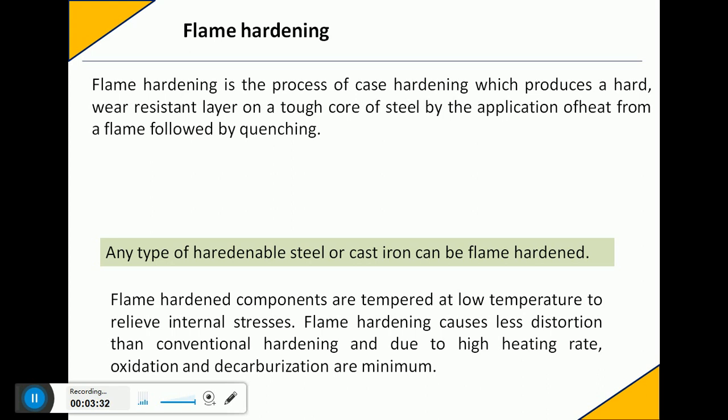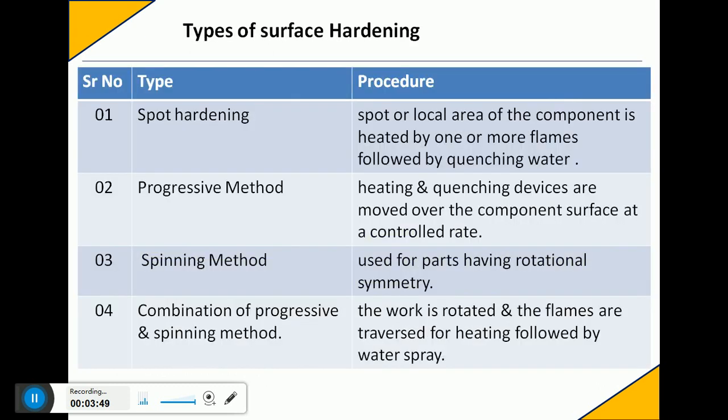And one important thing is that flame hardened components are tempered at low temperature to relieve the internal stresses. Flame hardening causes less distortion than conventional hardening, and due to high heating rate, oxidation and decarburization are minimum.